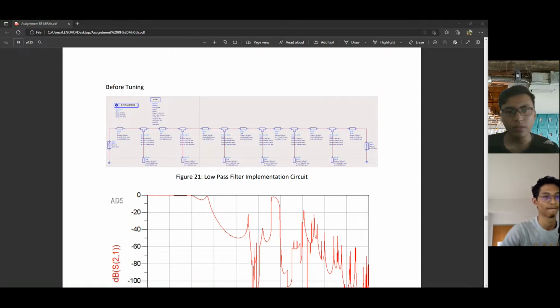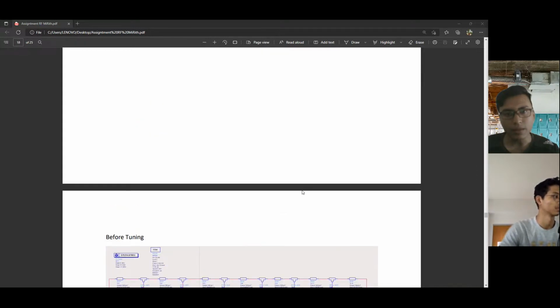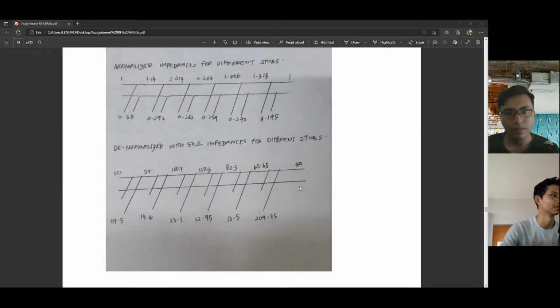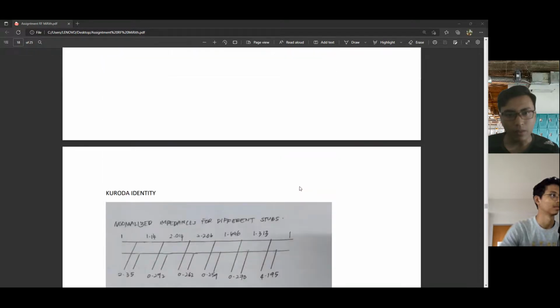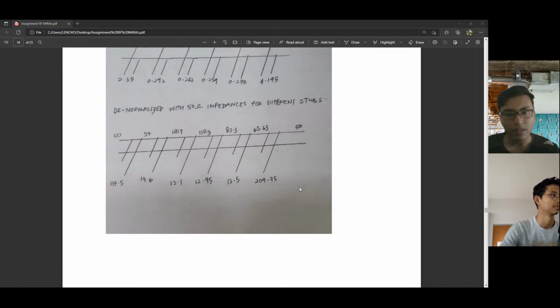Okay, so for this part, before tuning, we design the circuit. Refer to the design that we get from the normalized.